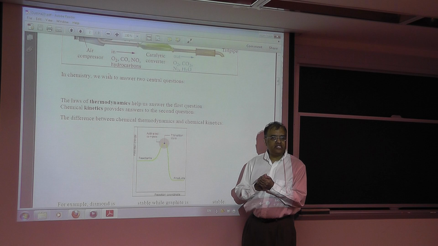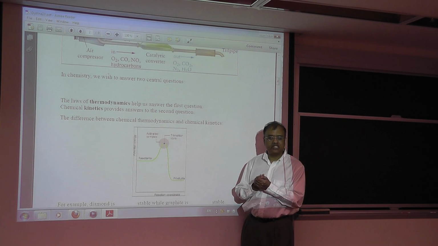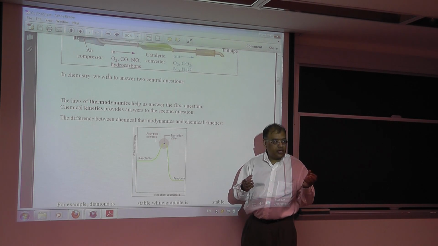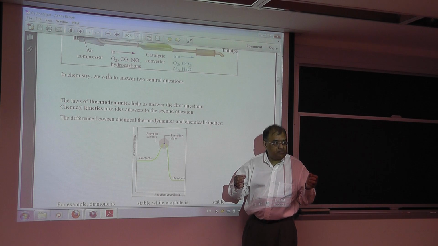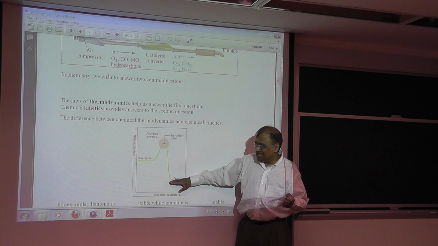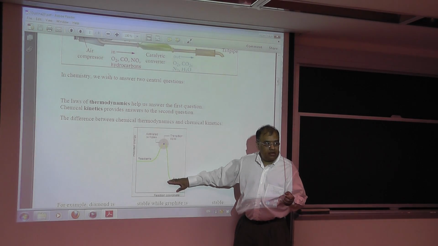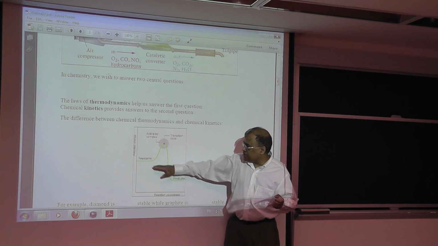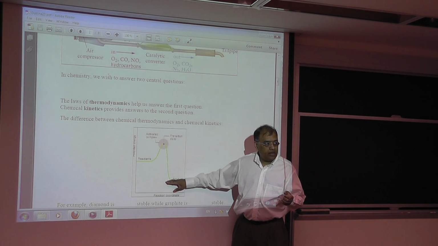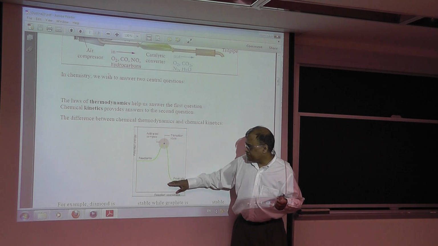So what determines the thermodynamics of the process? The potential energy difference between the reactants and products. So this here, you can think of this as delta G. And so that's thermodynamics.